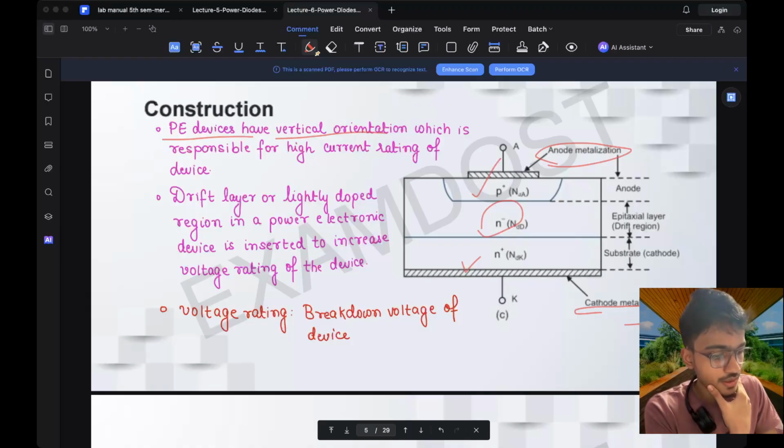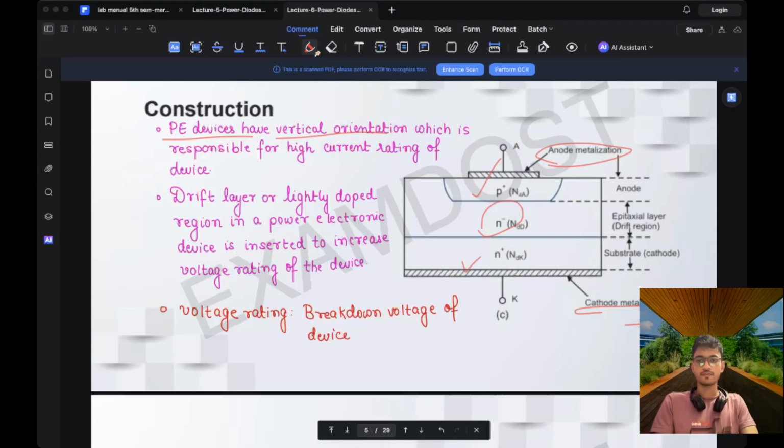Drift layer: a lightly doped region in the power electronic device, inserted to increase the voltage rating. Being lightly doped, the breakdown voltage increases, which in return increases the voltage rating.